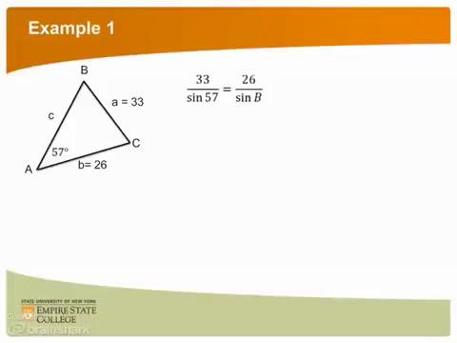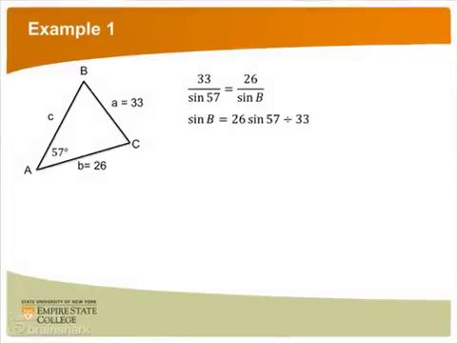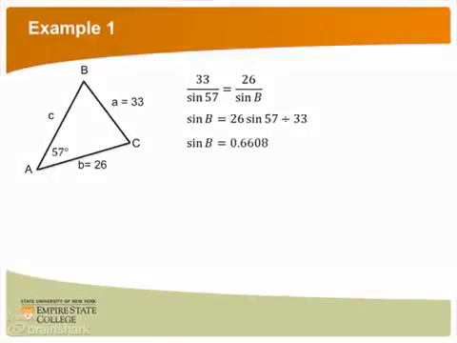Since we know little b, we will work to find the measure of angle B. So we have 33 over the sine of 57 equal to 26 over the sine of angle B. We cross multiply and divide to solve for the sine of angle B. Using available technology, we find that sine of B equals 0.6608.